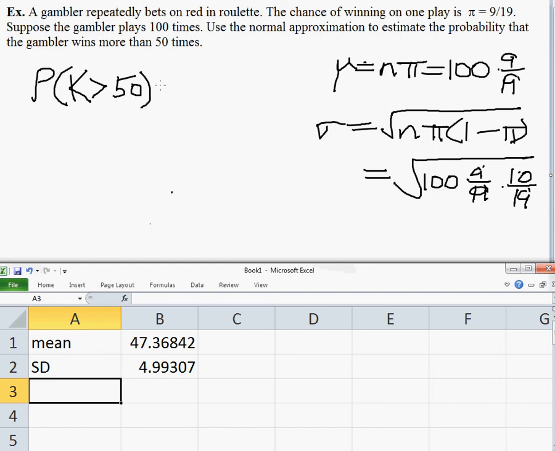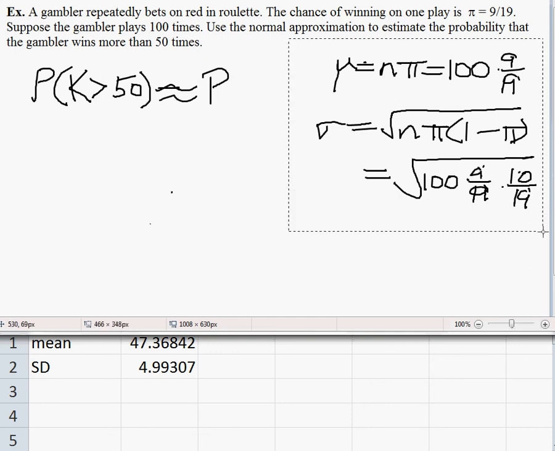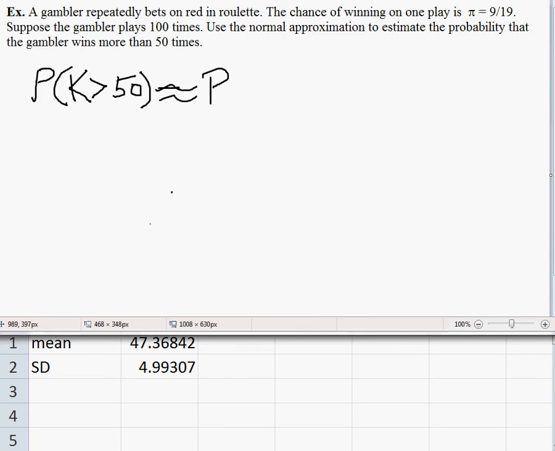So to convert to standard units, this probability will be approximately equal to the probability that a random variable that's normal is going to be bigger than or equal to something.